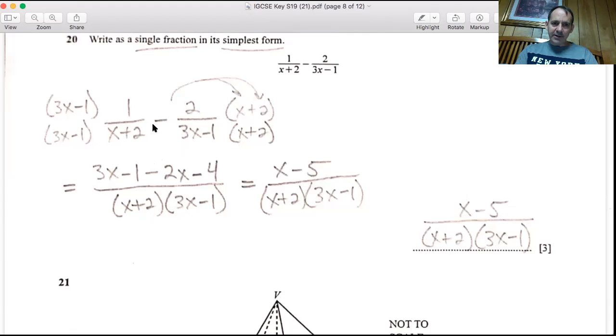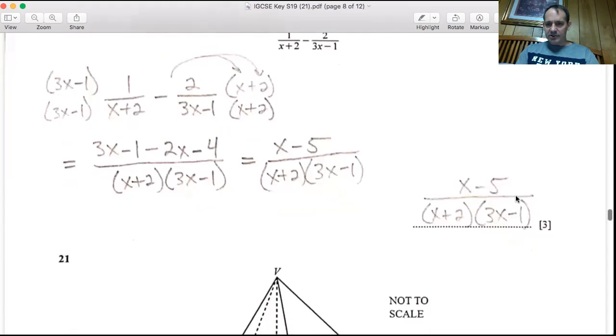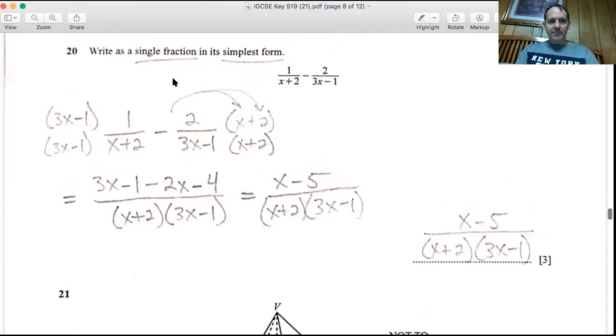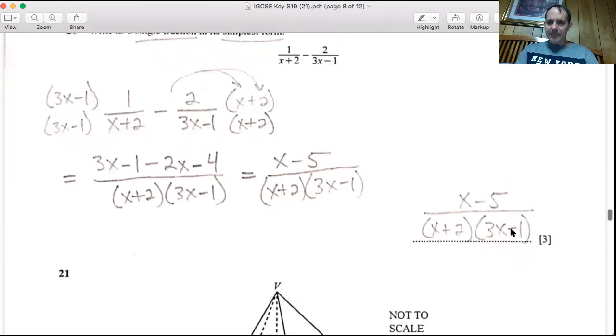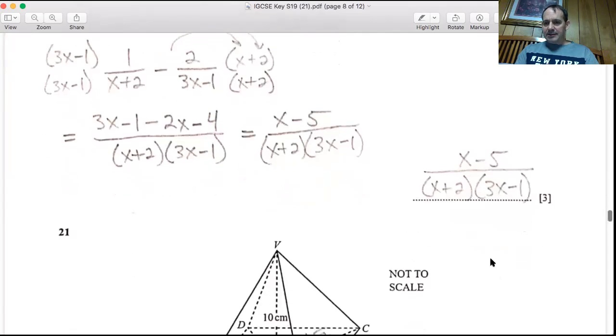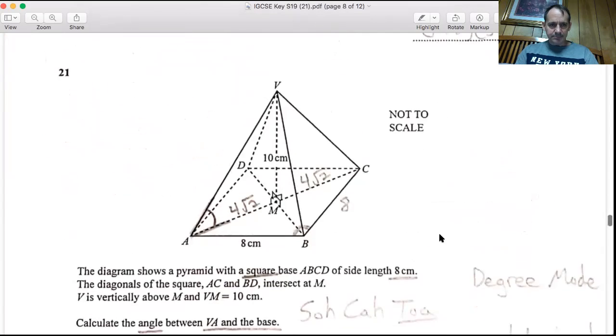So be very careful of that sign. It has to distribute through. Then we just simplify the like terms. 3x minus 2x is x. Negative 1 minus 4 is negative 5. You don't have to multiply out the denominator. You just leave it like that. So we've made it one fraction in simplest form, has common denominator, and that's how you do that.